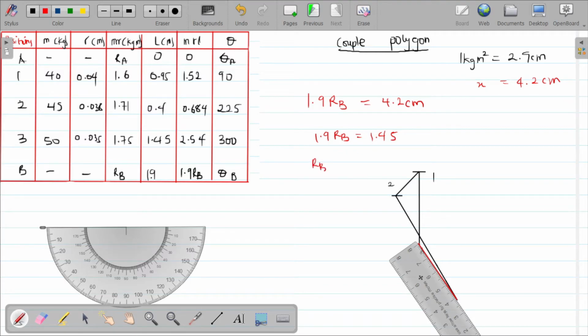So RB will be equal to 1.45 over 1.9. Let's find out what that is. 1.45 divided by 1.9. So we have RB to be equal to 0.763 kilogram meter square.